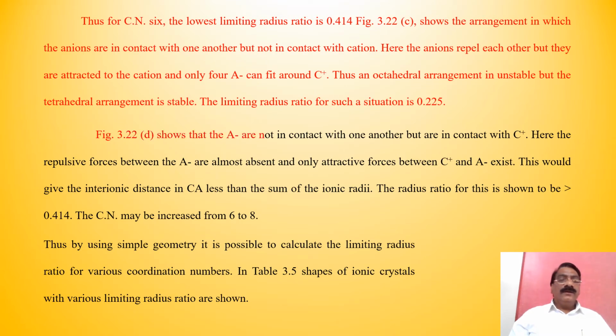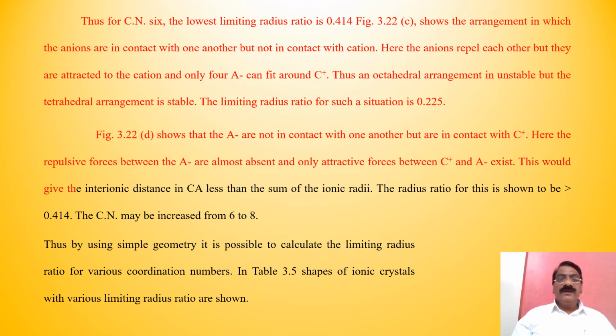Figure 3.22, that is the fourth figure D, shows that A minus are in contact with one another but are not in contact with C plus. Here the repulsive forces between A minus are almost absent and only the attractive forces between C plus and A minus exist.